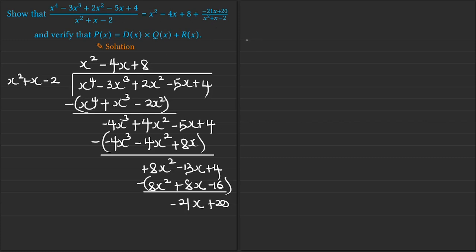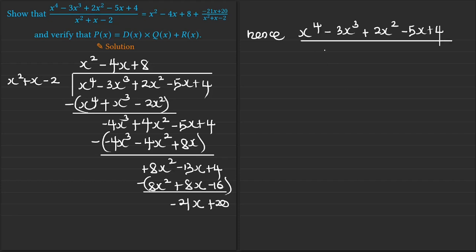Hence, we've been able to show that x to the fourth minus 3x cubed plus 2x squared minus 5x plus 4 all over the x squared plus x minus 2 is equal to, remember, this is our quotient.